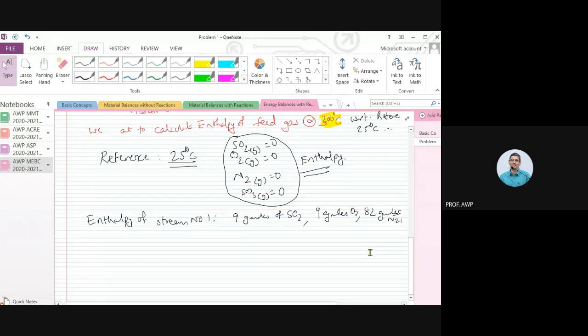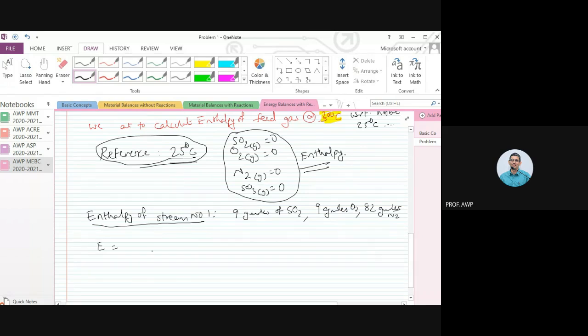Now tell me the enthalpy of stream number 1 with respect to this reference. So 9 into 0 plus integration from 298.15 to 300 degrees centigrade, so that's 573.15, of the Cp of SO2 dT.